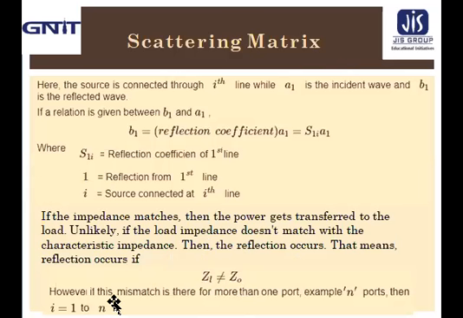Now, however, if this mismatch is there for more than one port, then it will be for n ports, with i equal to 1 to n. That means i can be any line from 1 to n.